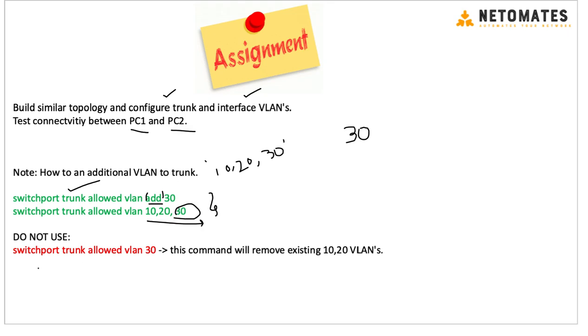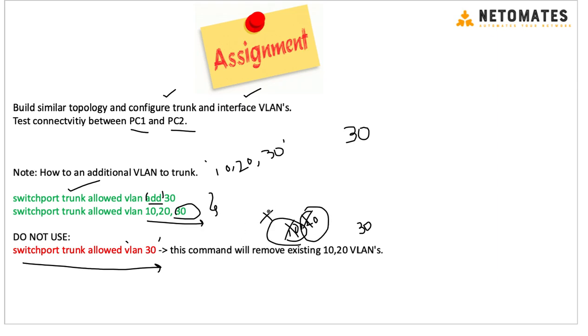But what happens when you use this command? The existing VLANs 10 and 20 are there, but if you just specify switchport trunk allowed vlan 30, you are telling the switch to allow only VLAN 30. So it will remove the existing VLANs and only add 30. What happens to the devices connected in those two VLANs?